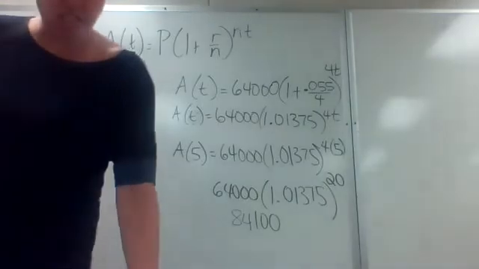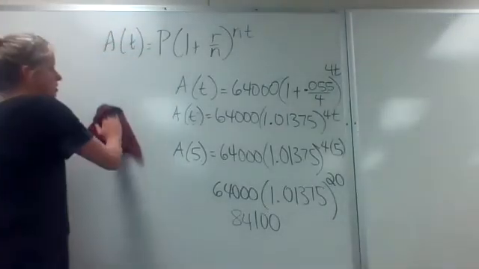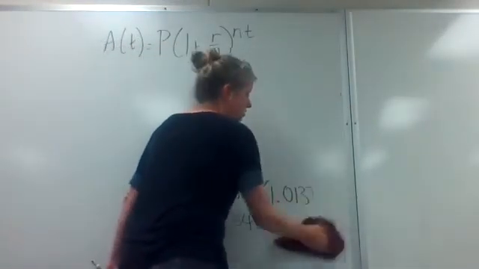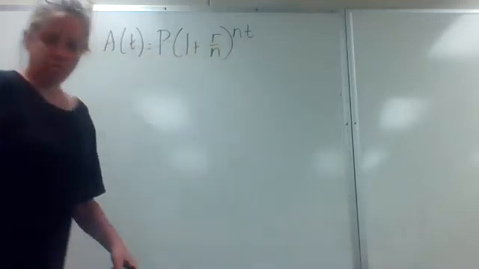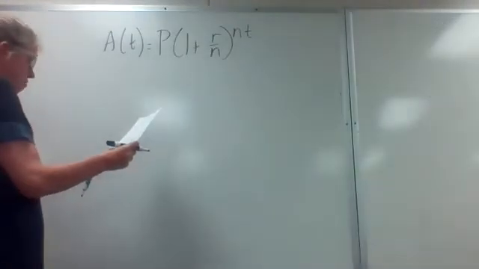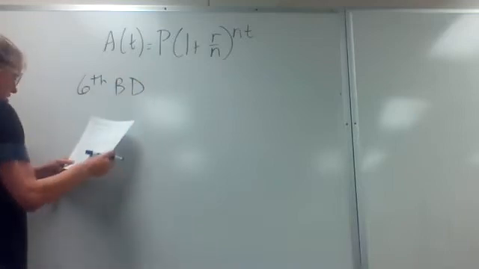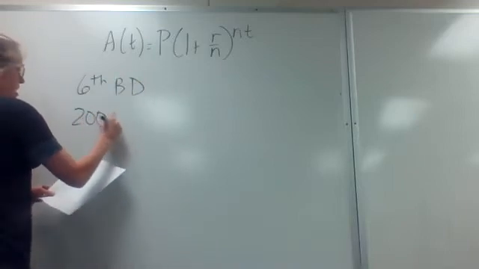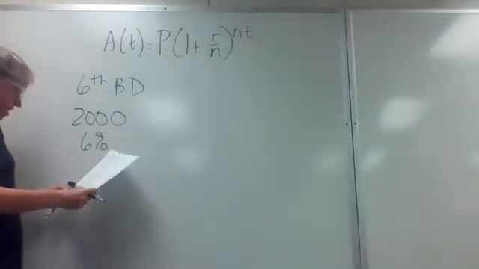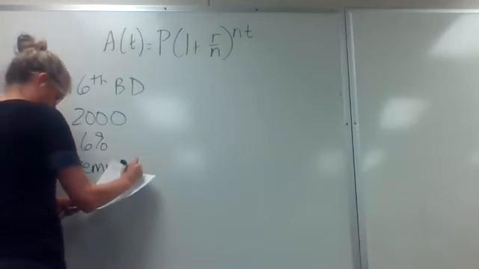All right, the next question is still going to be using the same formula. Suppose that on Melissa's 6th birthday, she gets a $2,000 CD that earns 6% interest, compounded semi-annually.